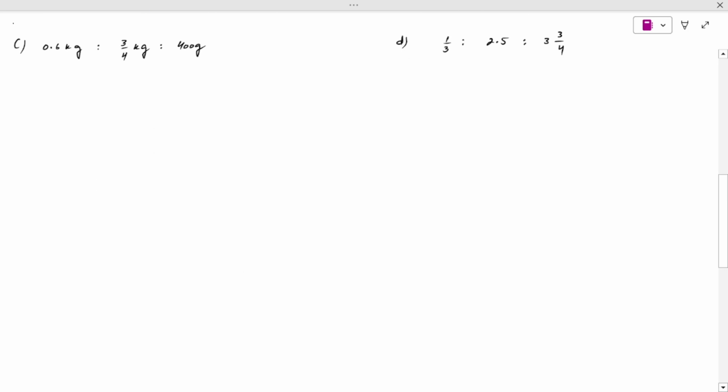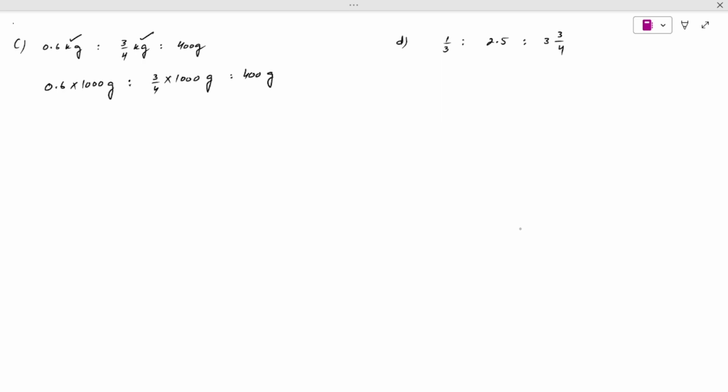Now let us solve part C. Part C is 0.6 kilogram ratio 3 over 4 kilogram ratio 400 grams. So now we need to convert the kilograms into grams. We multiply 0.6 by 1000 to convert it into grams, ratio 3 over 4 multiplied by 1000 grams, ratio 400 grams.